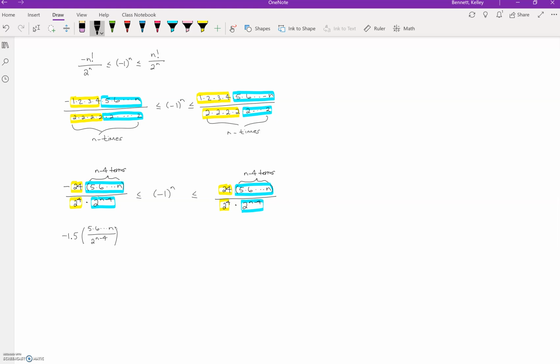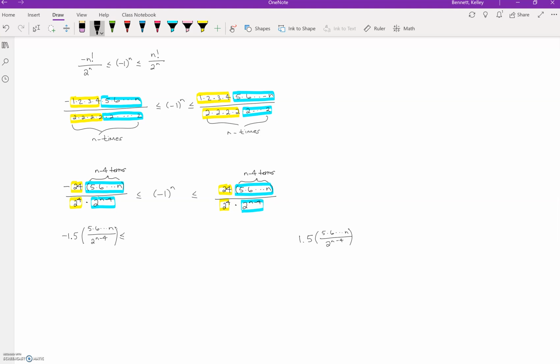And in this fraction, there are n minus 4 terms on top, and there are n minus 4 terms on the bottom. And then on the right-hand side, I'm going to have 1.5 times 5 times 6 times all the way up to n over 2 to the n minus 4.